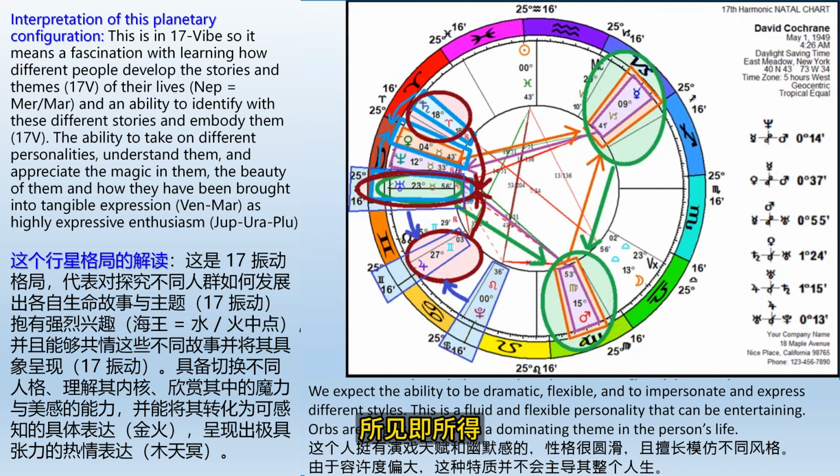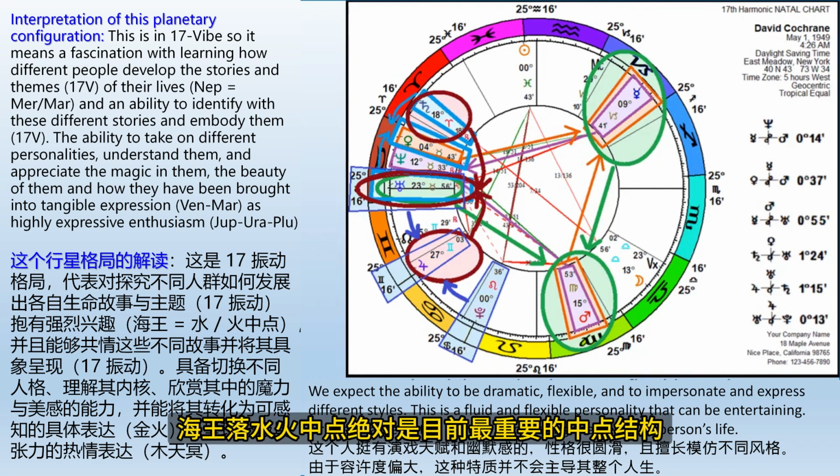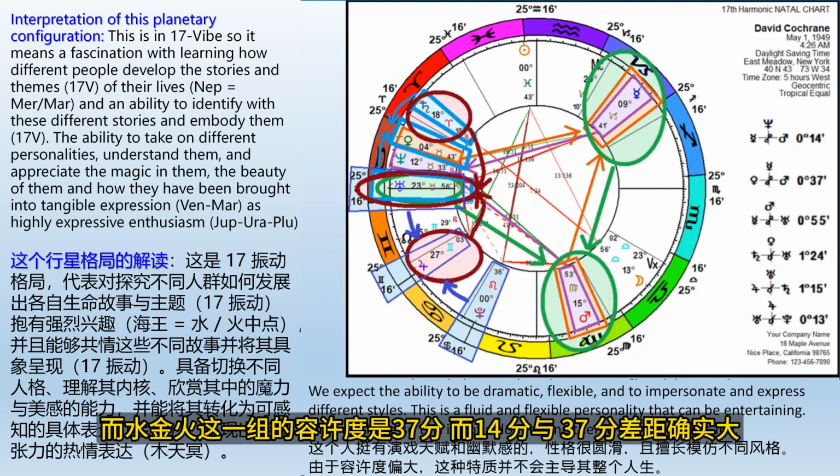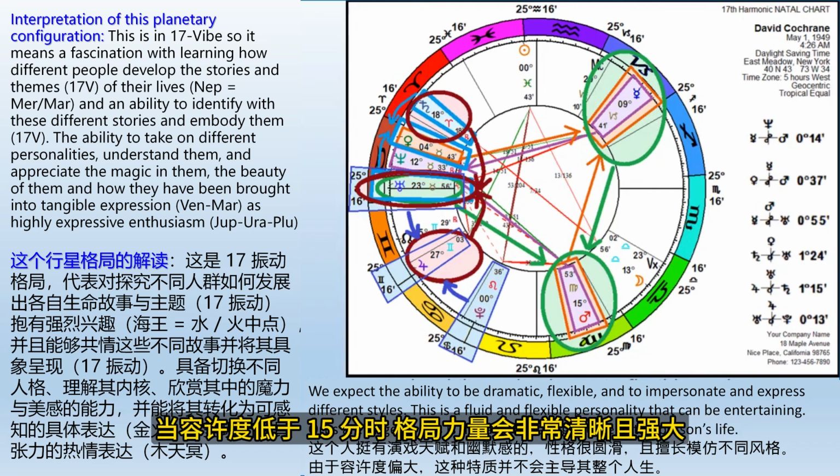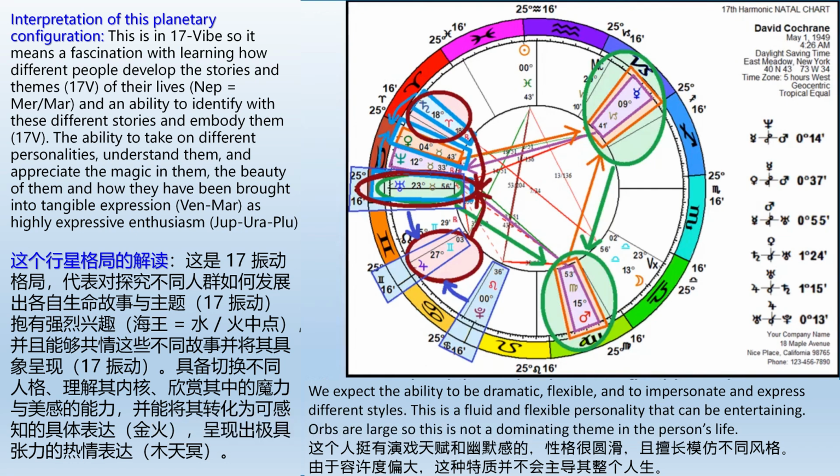What you see is what you get, and what we see is Neptune at Mercury, Mars, really by far the most important midpoint structure, by far. Because Mercury, Venus, Mars has a 37-minute orb. The difference between a 14-minute orb and a 37-minute orb is pretty dramatic. When you get under 15 minutes, whoa, it is just crystal clear strong.